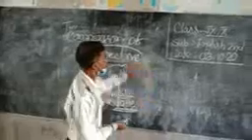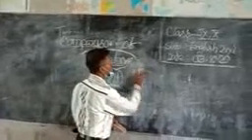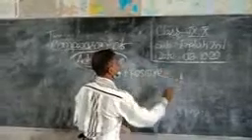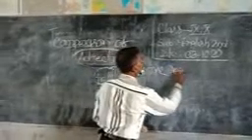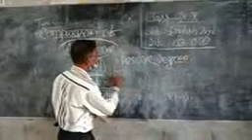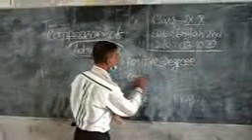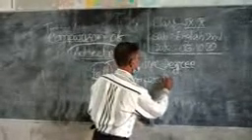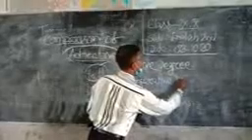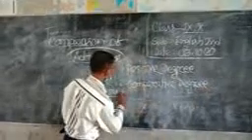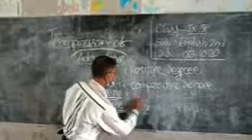Number one, positive degree. Number two, comparative degree. Number three, superlative degree.